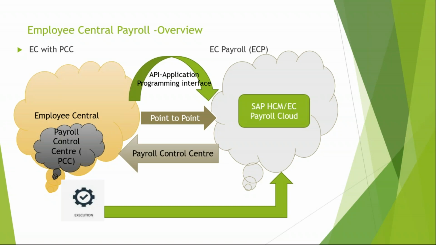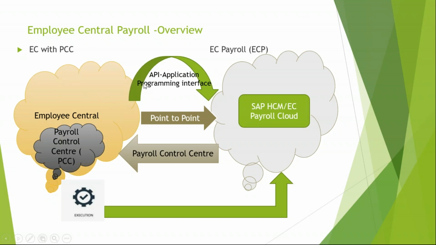Now if you buy the license of ECP, what will happen? You no need to use any middleware. First thing, the first advantage is you no need to maintain the EC to ECP middleware in between. The data will transfer using a URL or API server.